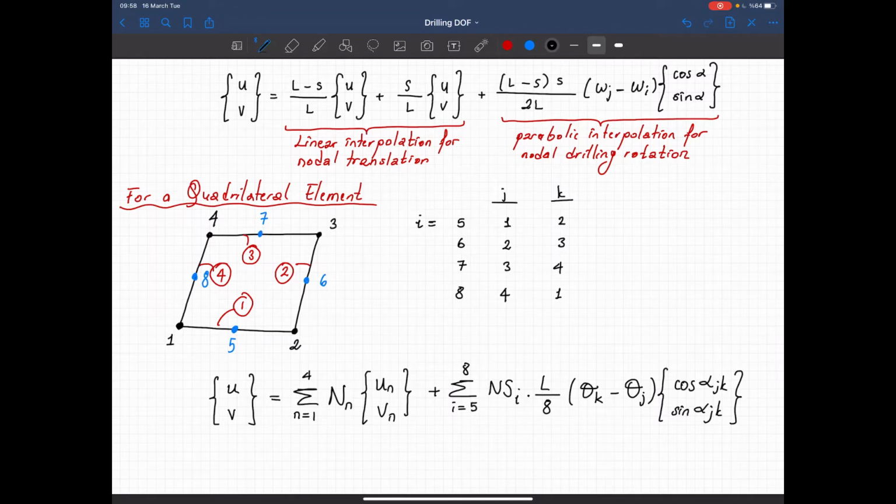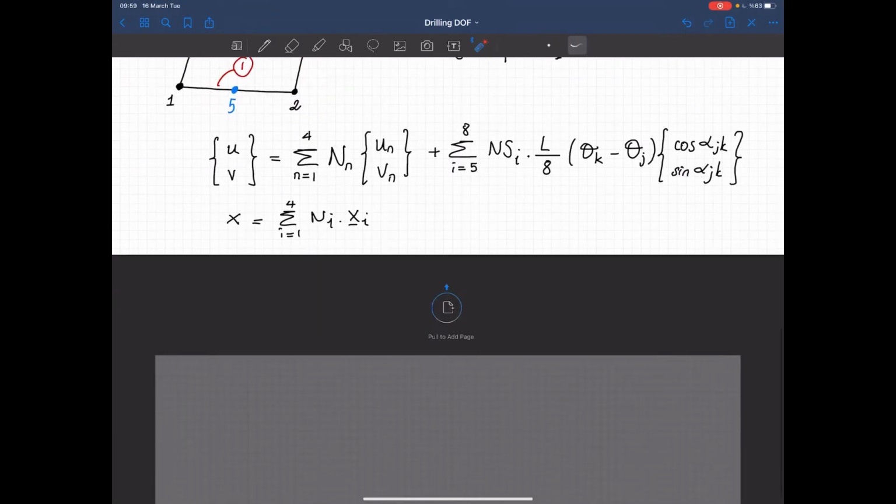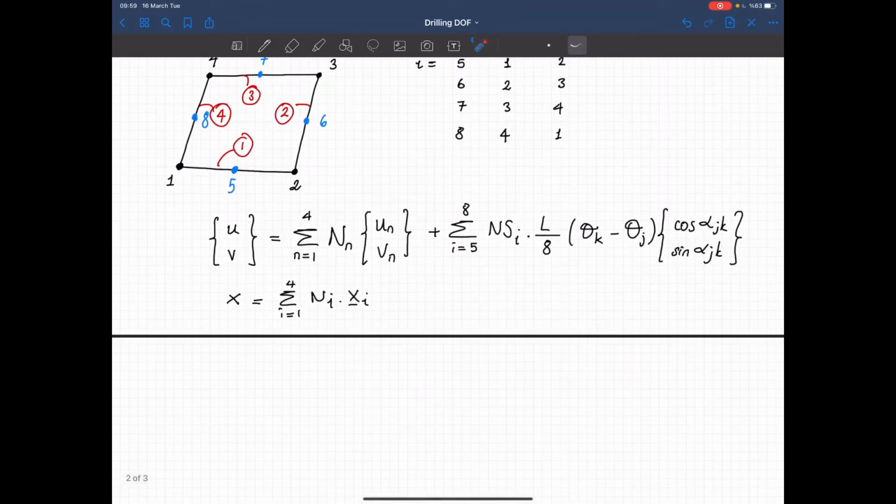Of course, our coordinate interpolation is the same: R is equal to the sum from 1 to 4 of Ni xi. So the coordinate interpolation is linear, but the displacement interpolation is linear plus some quadratic terms here. Now let's try to figure out the strain displacement relationship for this new displacement field.